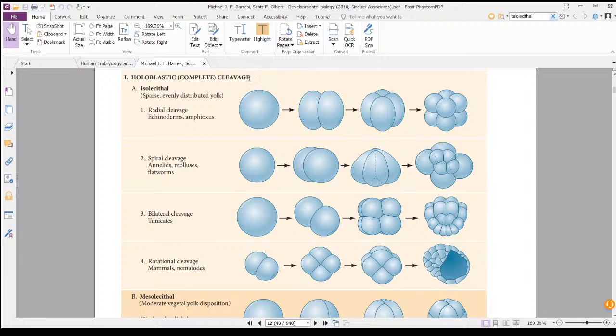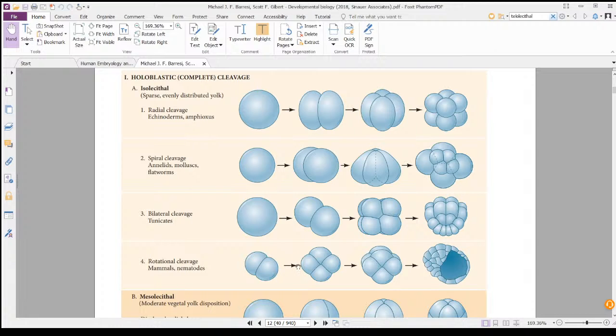This is holoblastic complete cleavage, isolecithal, with sparse, evenly distributed yolk. You can have radial cleavage, spiral cleavage, bilateral, and rotational cleavage. Written here are also the types of organisms: echinodermata like starfish, annelids, mollusks, flatworms, tunicates, and rotational cleavage is present in mammals and nematodes.